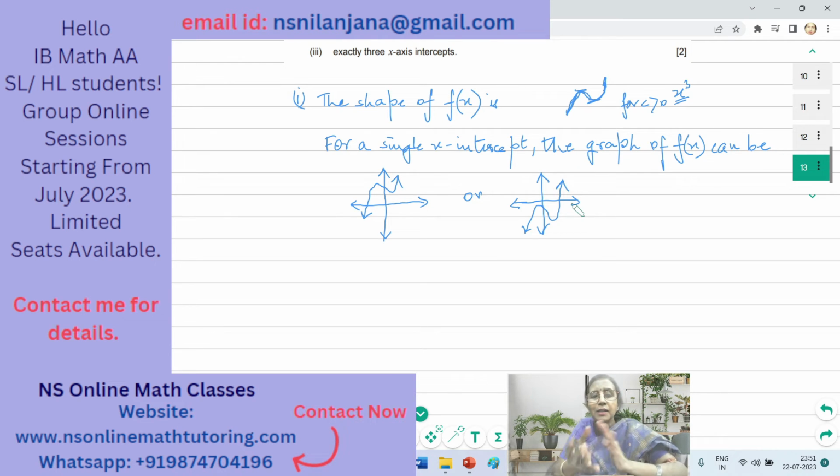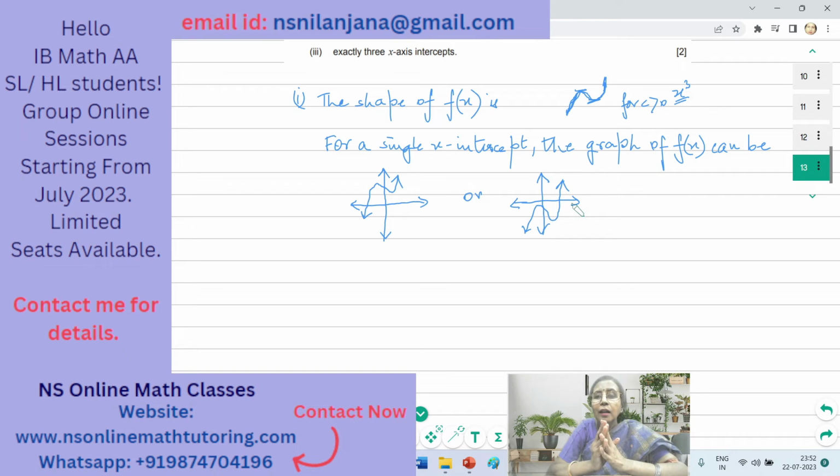Either both the maximum and the minimum points are above the x-axis, or both the maximum and the minimum points are below the x-axis. These are the two ways we can have a single x-intercept for a cubic function graph.